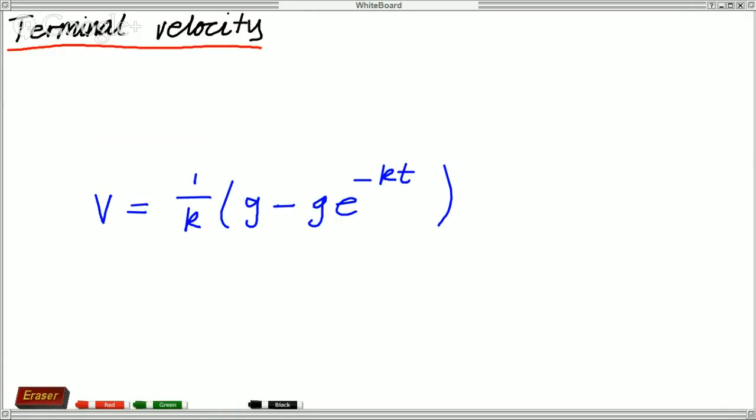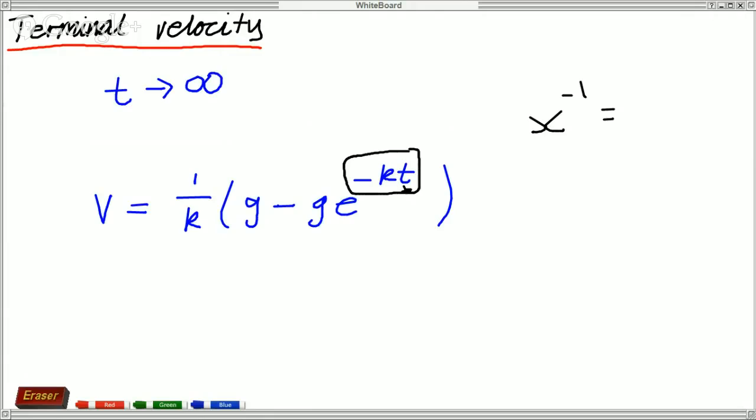So if we wanted to calculate the terminal velocity of this, we would look at what happens as t gets extremely large. What happens to our velocity then? If we have a look at that, as t gets extremely large, the exponent will become an extremely large negative number. And due to the index law, x to the negative 1 equals 1 on x, for instance, that doesn't have to be 1, it could be anything, that's fine.